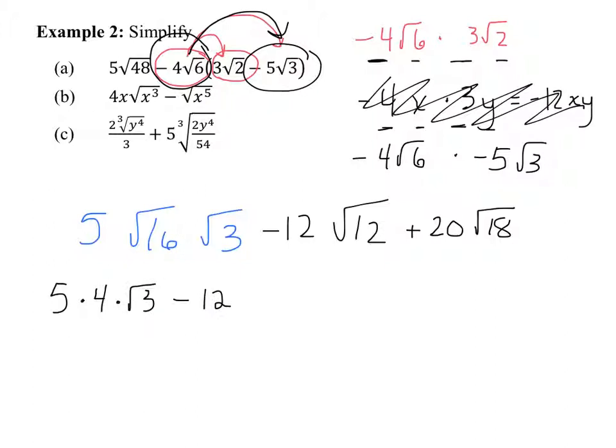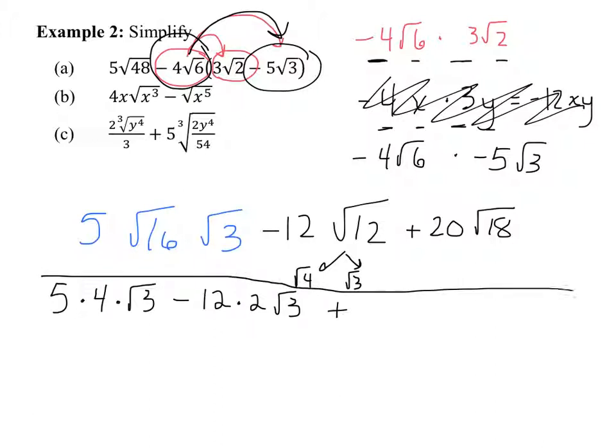What should I break 12 into? 12 is really what times what? 3 and 4. Now watch what I'm going to do. I'm going to take the root 4 and just write it as a 2 down here. And then I'm going to break up the 18. 18 should be broken into what? If I'm looking for, again, perfect squares.